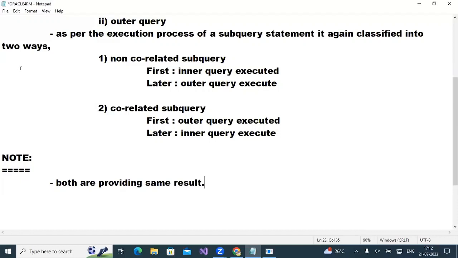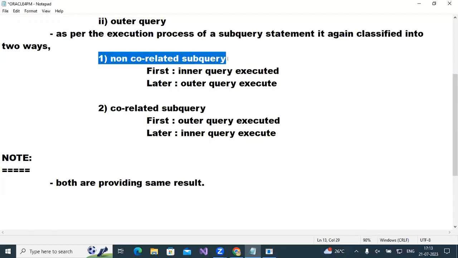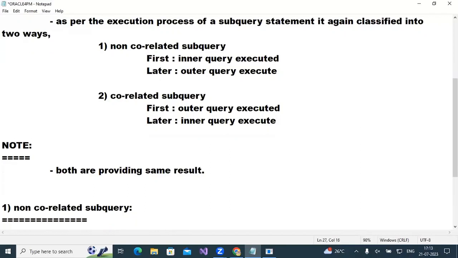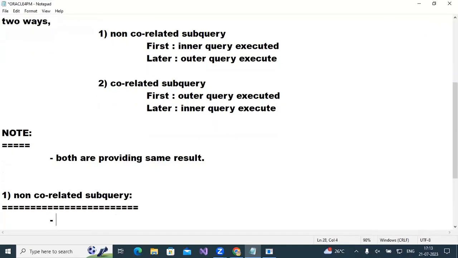So these are non-correlated and correlated. First I will show you about non-correlated subqueries, how they work. Then after working with non-correlated and its execution, if you get some idea, then we will go to the second one, correlated. But in non-correlated, again they have some types, classified into some types.